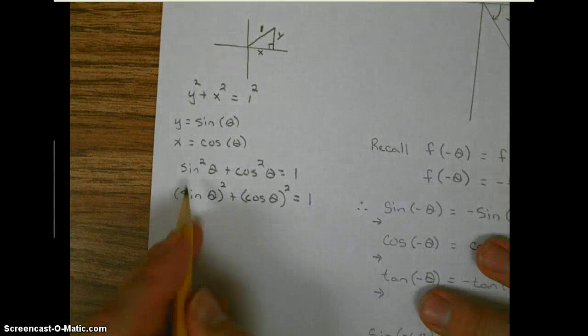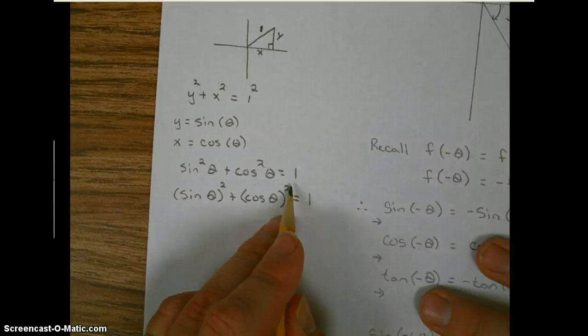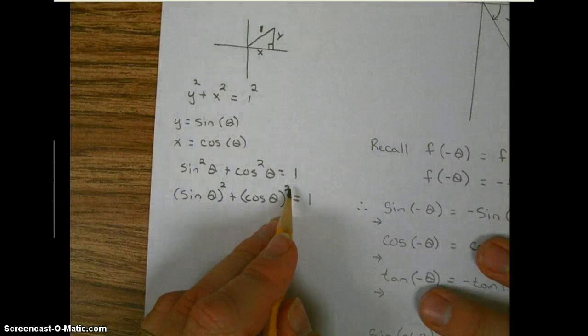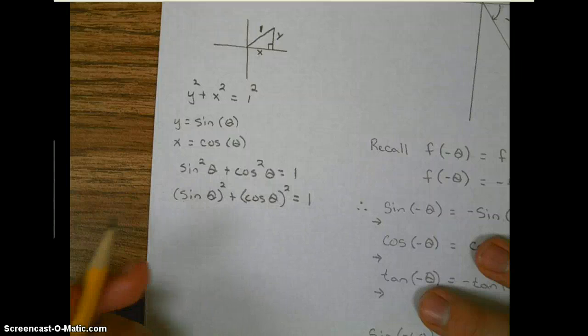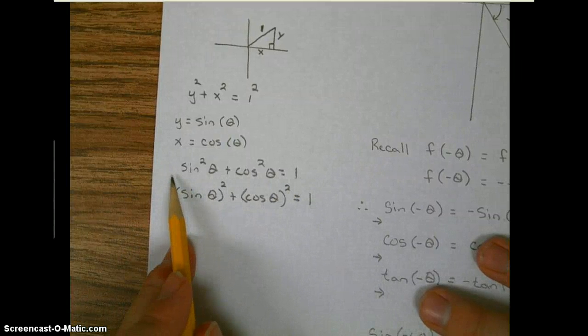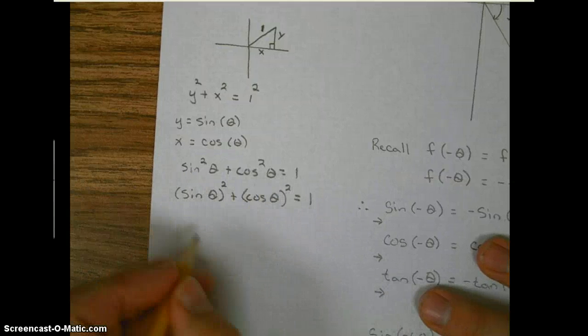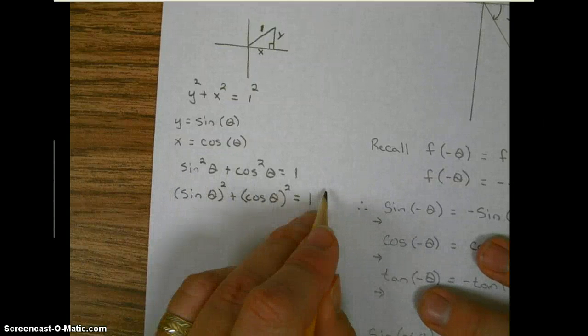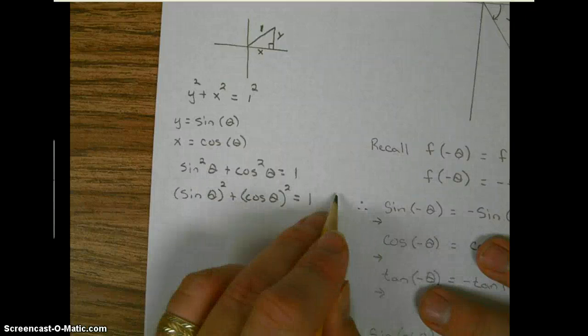Now from the Pythagorean identity, we can get two more identities that you need to know. The first identity would be to divide everything by cosine squared of theta.